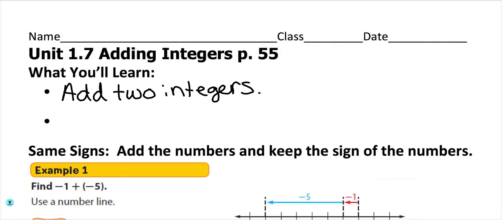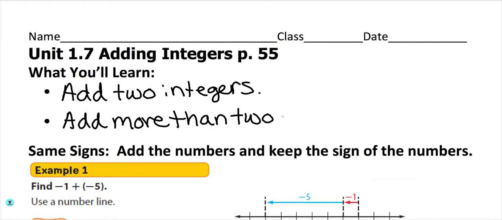And then we're going to add more than two integers. So just like what we did with multiplying and dividing, once you get two of them down, then we're going to start giving you 3 and 4 at a time.